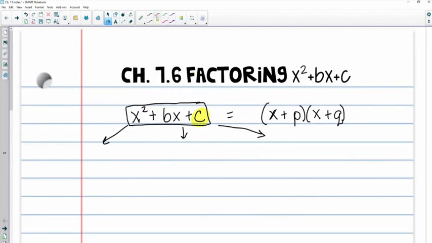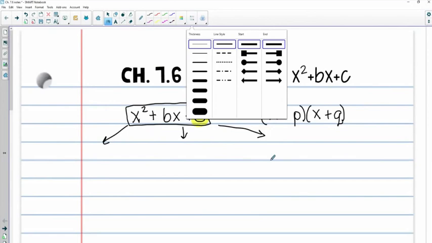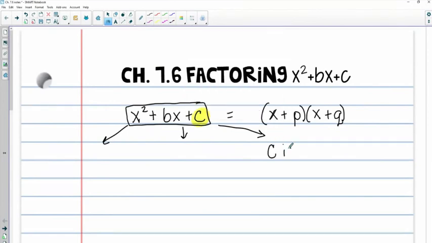If it is a negative, okay, I'm going to start with that over here. If C is negative, then what's going to happen is these two numbers, P and Q, are going to have different signs, okay?